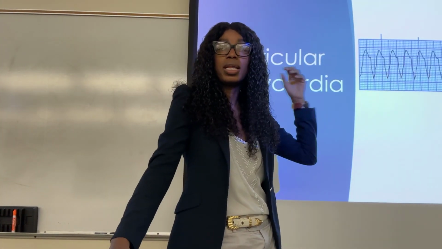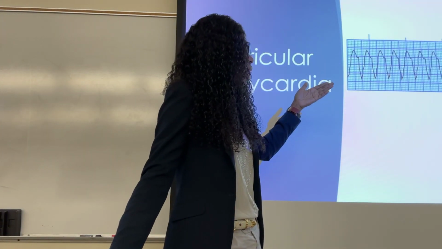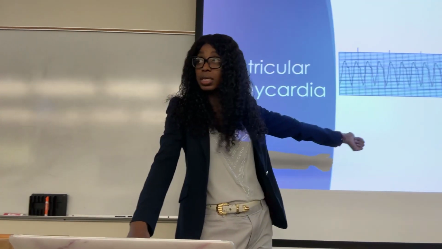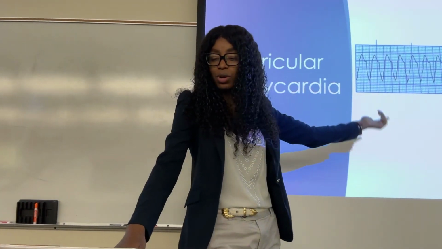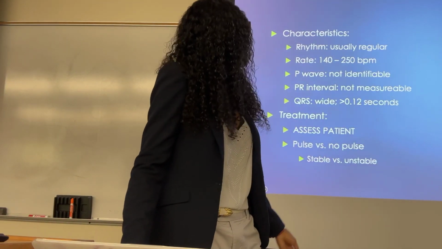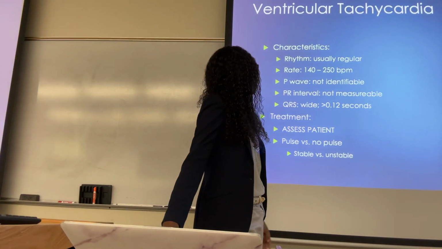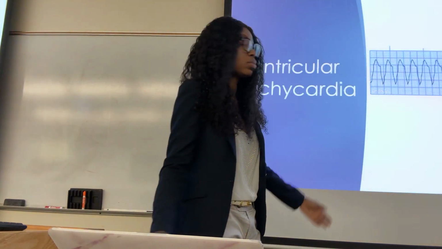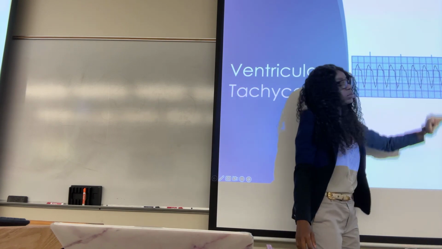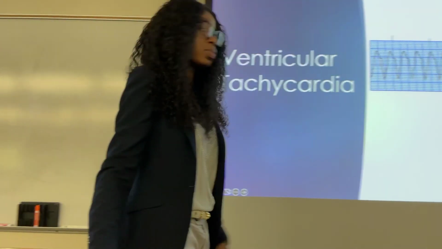If it's a quickie and it comes right out, that's not as bad of a thing. But if it, first of all, keeps happening, it's not good. And if it's sustained or maintained, that's not good. So what are the characteristics? The rhythm, usually regular, right? Makes sense, right? The distances between each of these are regular, okay?